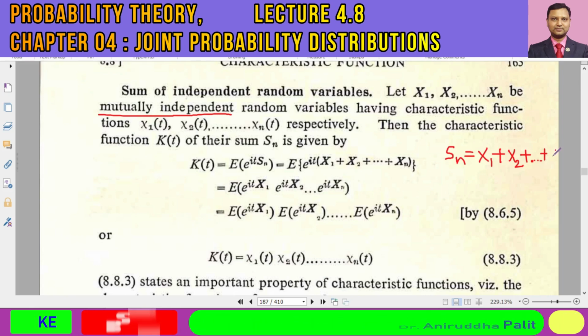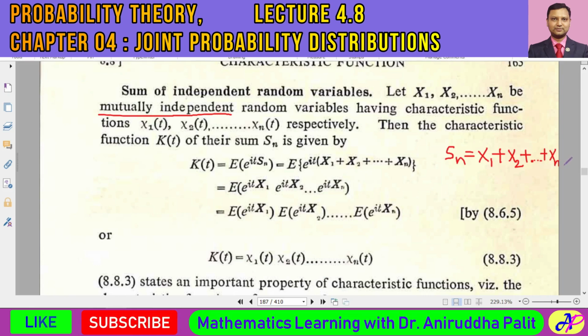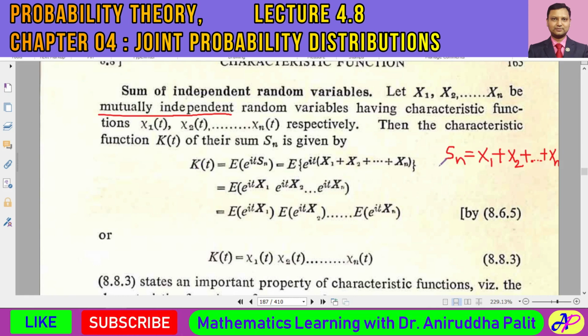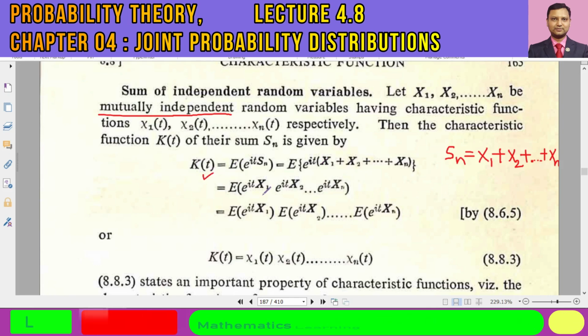This is the summation of all these random variables. If Sn is defined in this way, then we can prove the following about the characteristic function of this single random variable.